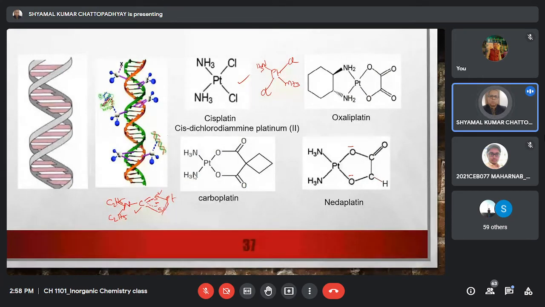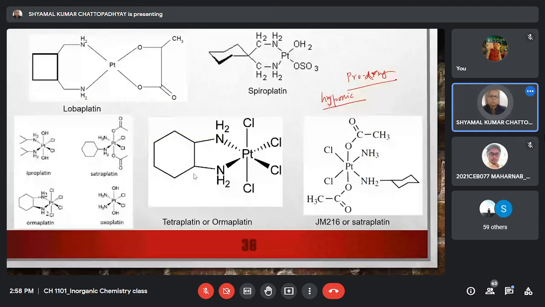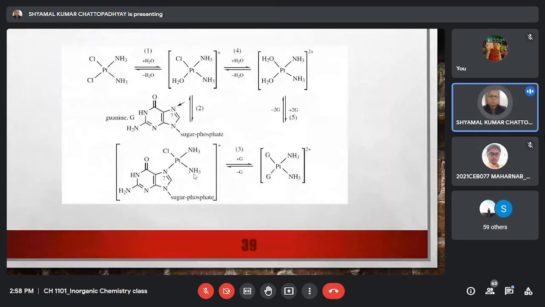The other reason is that when platinum complexes bind to DNA and damage the DNA, replication of DNA is stopped. Then in our body there are certain DNA repair enzymes. Those are something like the police of the DNA.